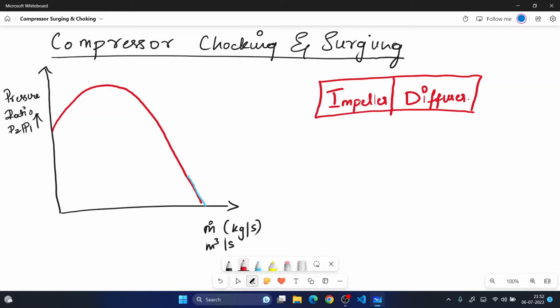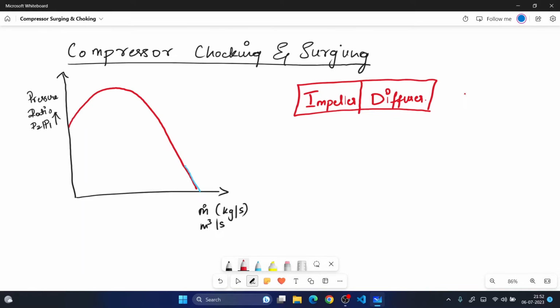Say now I am starting the compressor. My starting point is A, this point. I have just begun to turn it on. This is the inlet of the compressor, and just after the diffuser is the delivery of the compressor.